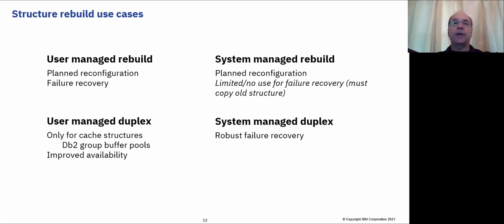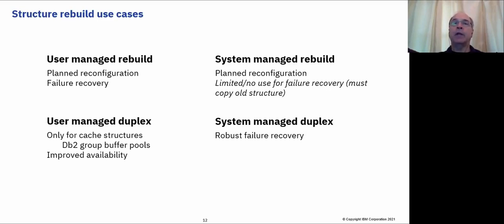So that's the user managed rebuild on top and the user managed duplex on the bottom. Other than customers who've written their own support for this, DB2 is the only z/OS subsystem that uses user managed duplexing. On the right-hand side, we have system managed rebuild.